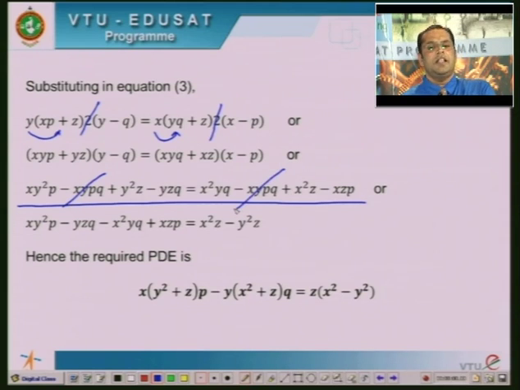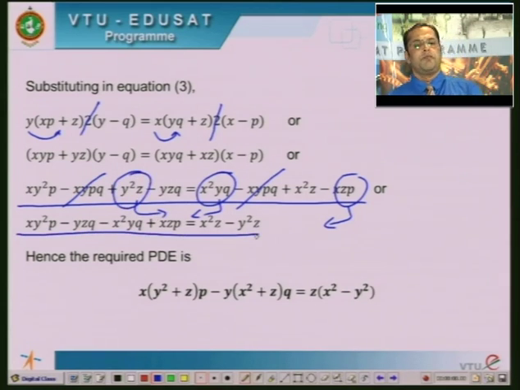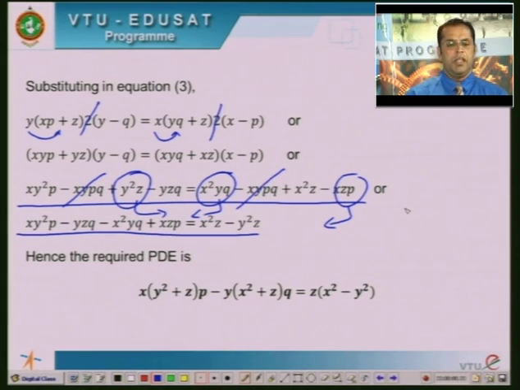These 2 terms cancel, shift small p and small q terms to LHS, shift the term not containing p or q to RHS, which will give you this: x y square p minus y z q, this comes here, minus x square y q plus x z p equal to x square z, and this y square z goes to RHS as minus y square z.